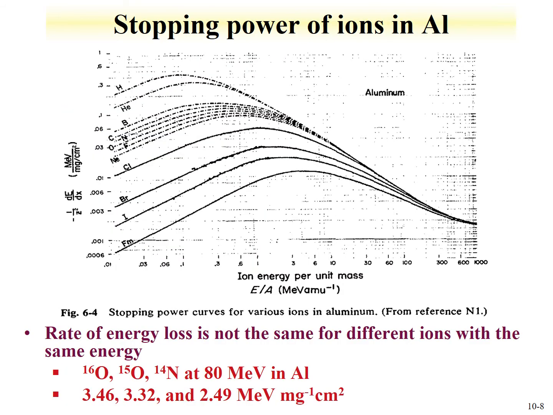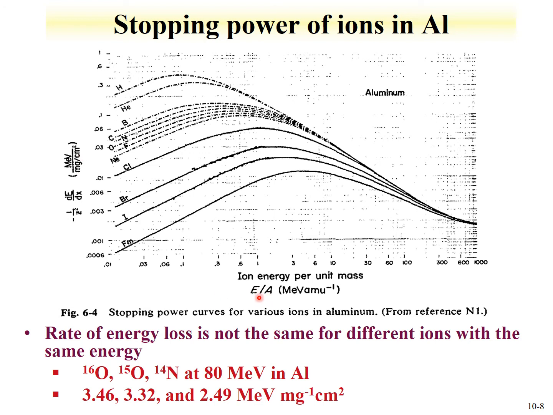As an example of this concept, we're looking at the stopping power of a range of ions, everything from hydrogen to fermium, in aluminum. And we're looking at this stopping power, change of energy with distance, in units of MeV per milligram per centimeter squared, as a function of energy.